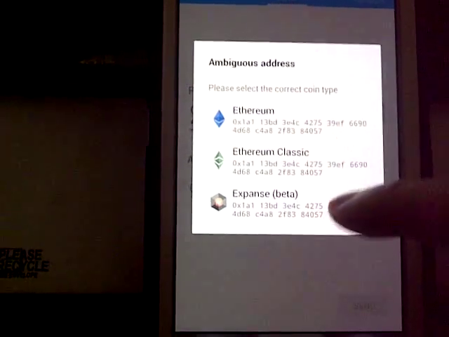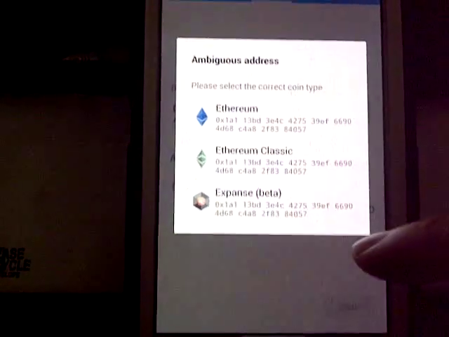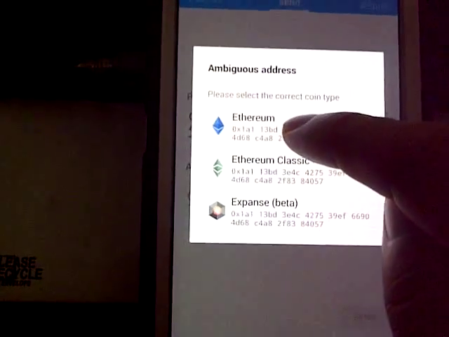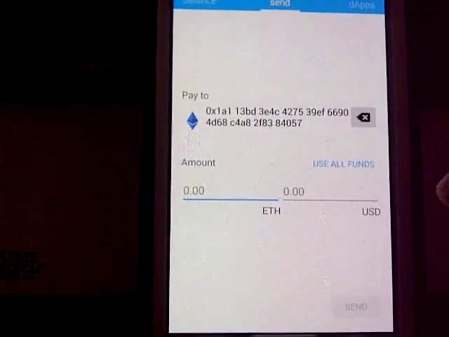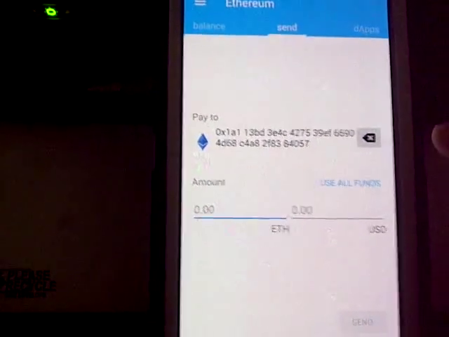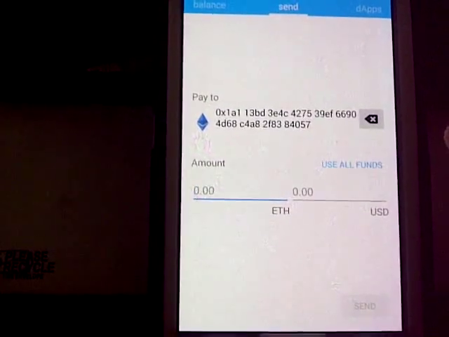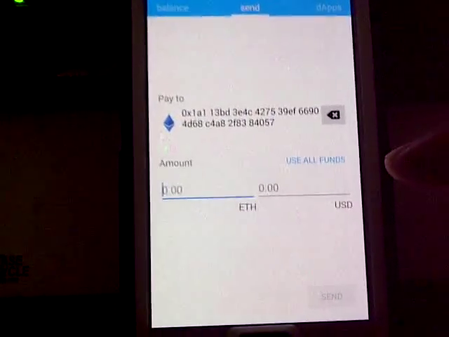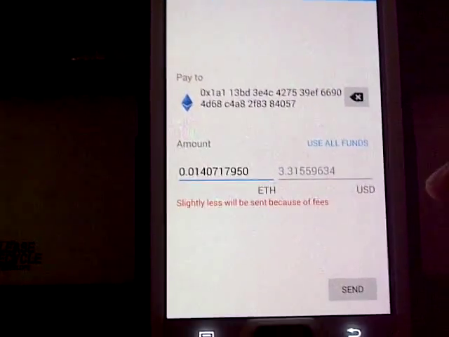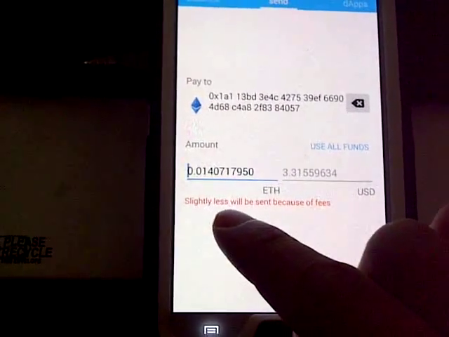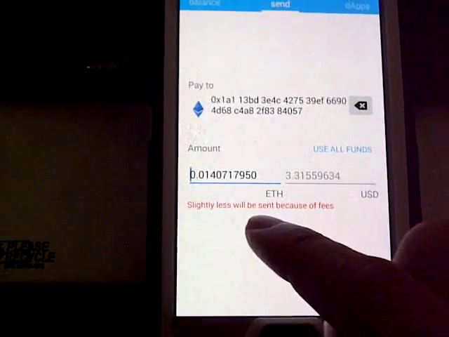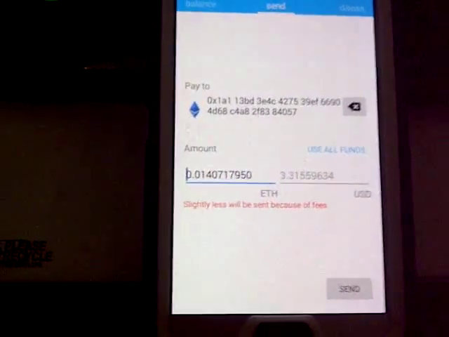Ambiguous address. Look at all this. Expanse. Interesting. Anyway, it's going to be Ethereum, not Ethereum Classic. And I'll just send all the funds. It says slightly less will be sent because of fees. Okay, I know that.